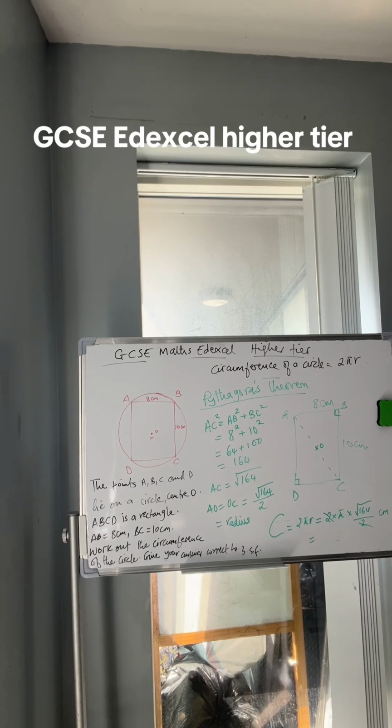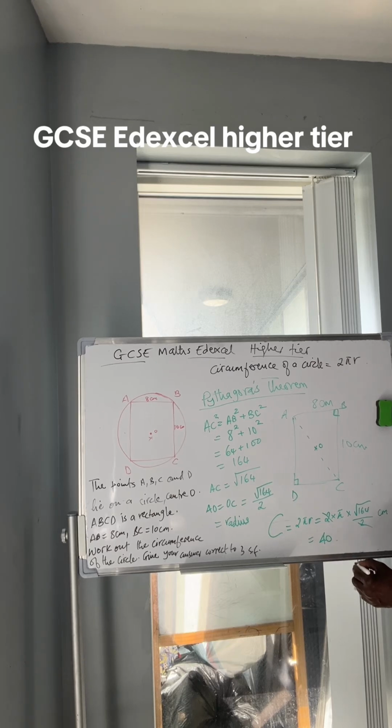So you get 40.2237. Well, they want 3 significant figures.